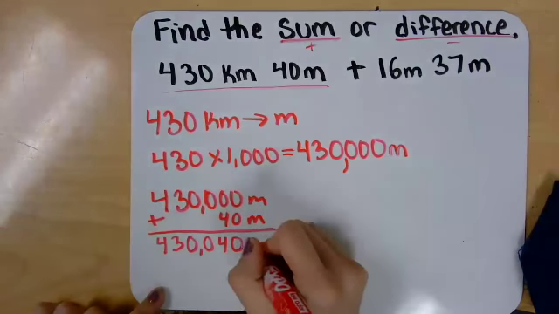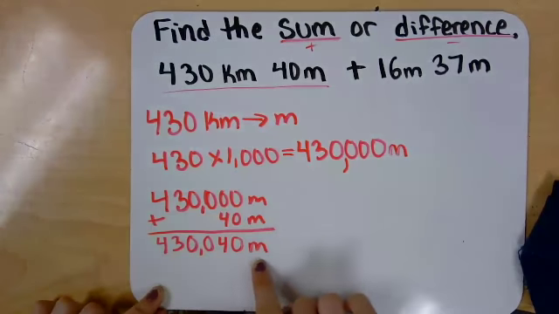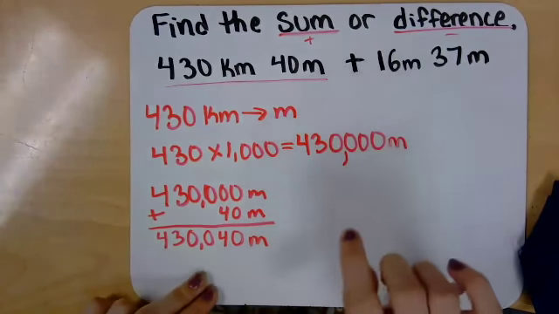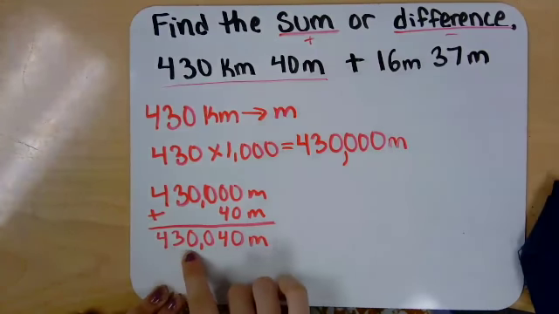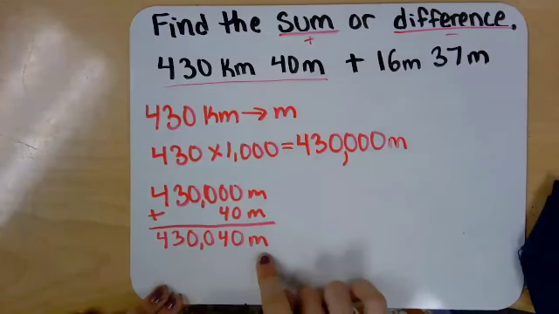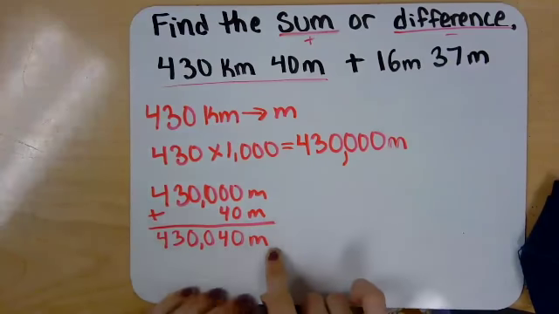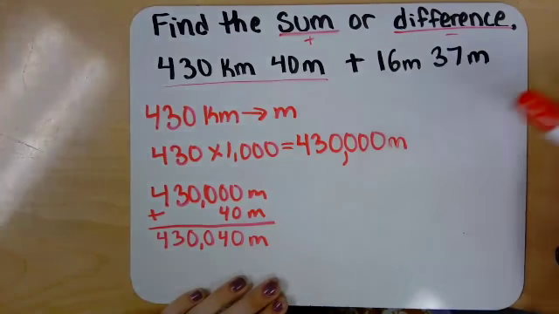And we get 430,040 meters. Okay, so that's half of our problem. Now we still need the other side. So we're adding 430 and 40 meters, or 430,040 meters to 16 kilometers plus 37 meters.